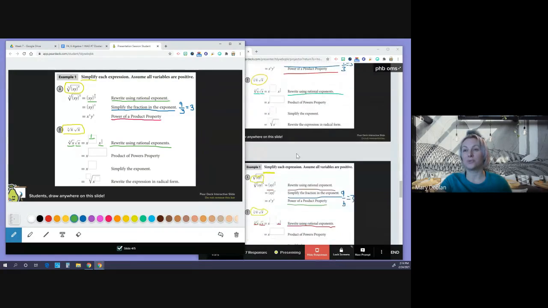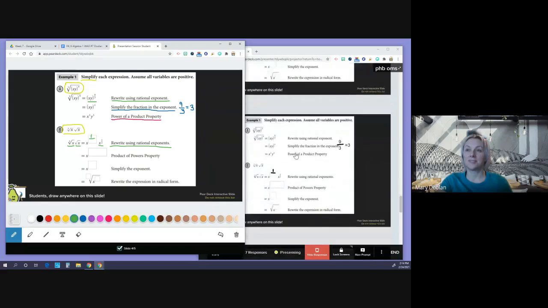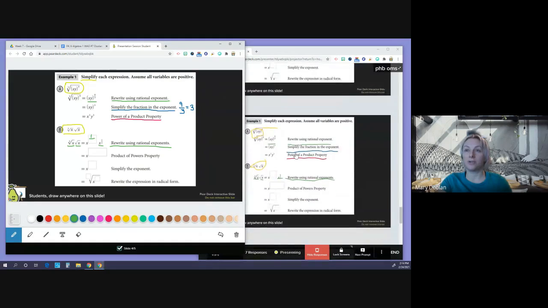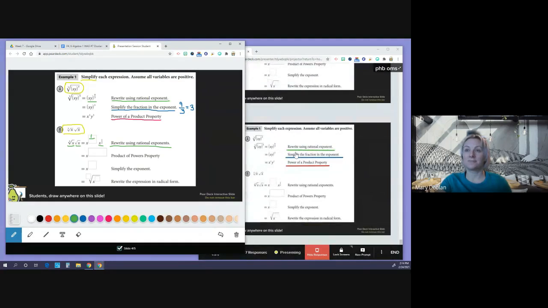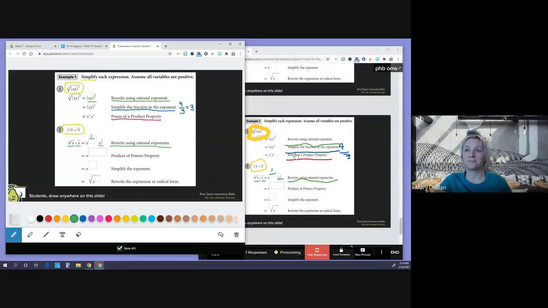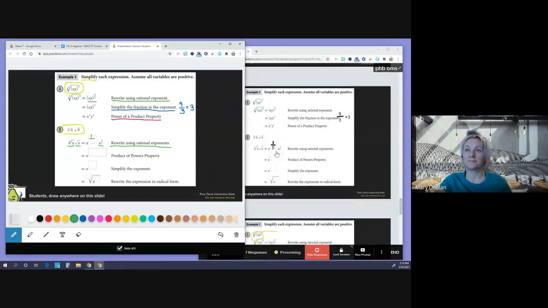What is the root? The index becomes the denominator. The root becomes the denominator. There we go, 1/5. Good. So the 5th root of x becomes x to the 1/5 power. The square root of x becomes x to the 1/2 power.